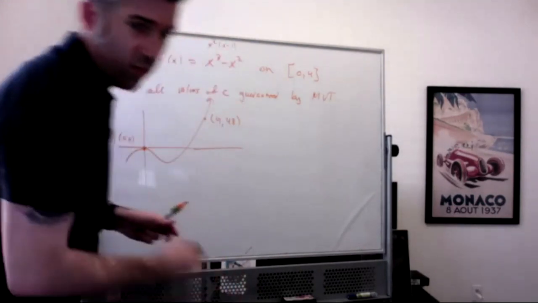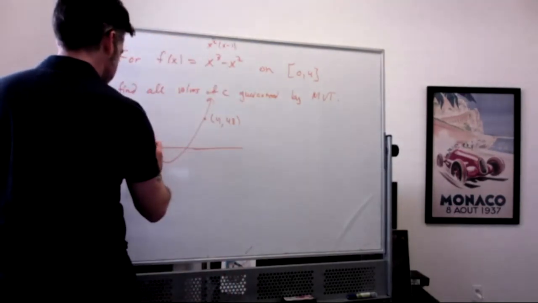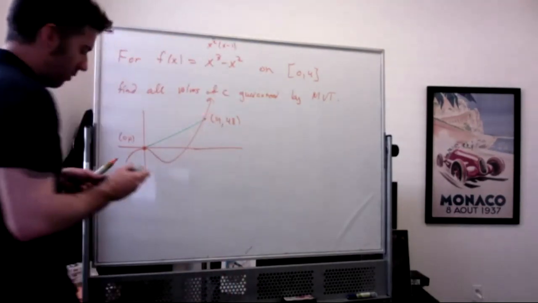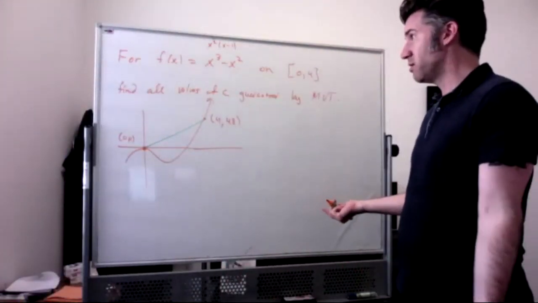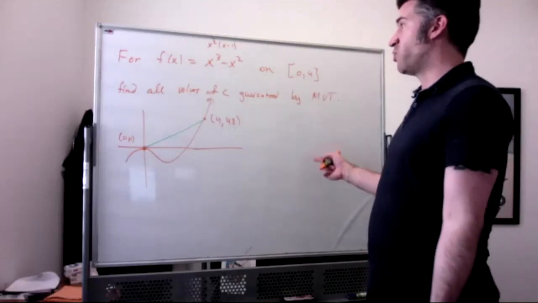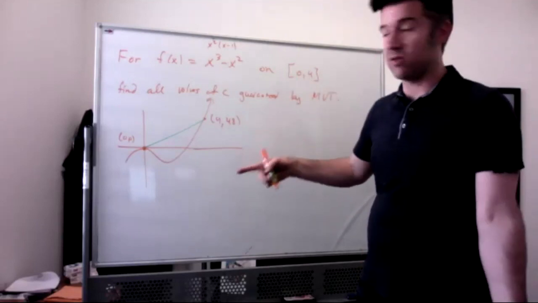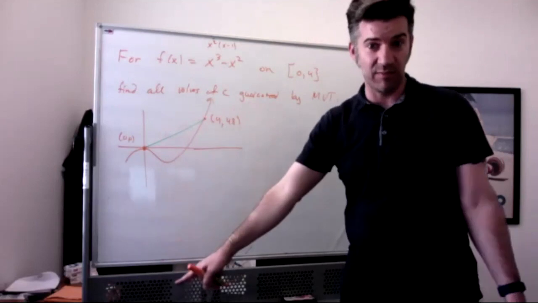So here's what we're being asked to find: every value of c such that the derivative at c is equal to the slope of the line connecting the endpoints.